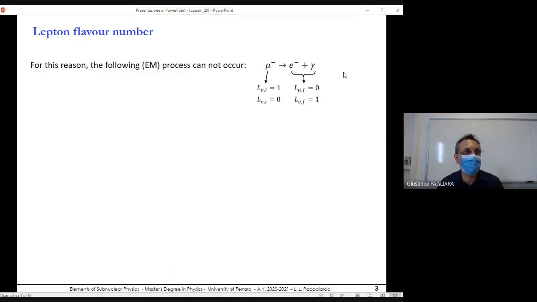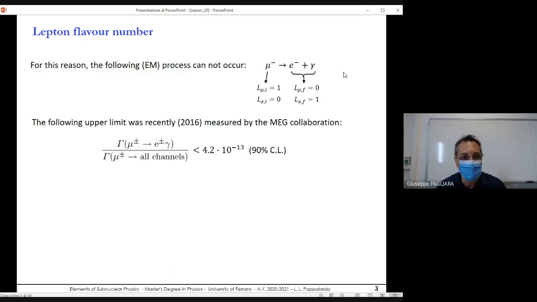People have been searching for this violation for decades, and you see here the most recent upper limit, which was measured in 2016 by the MEG collaboration. As you see, the branching ratio for this decay compared to the total width, so all the possible decay modes, is totally negligible. This is an upper limit, so 10 to the -13 at the 90% confidence level.